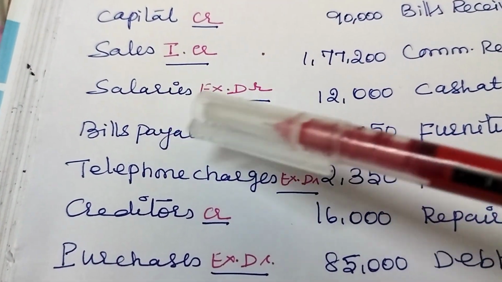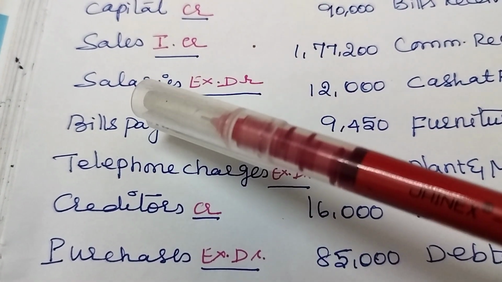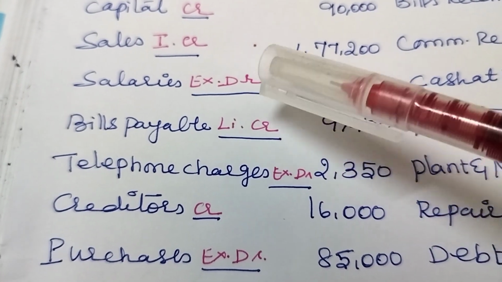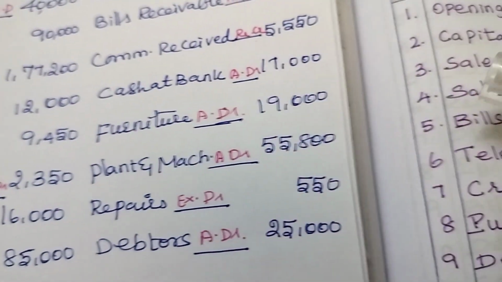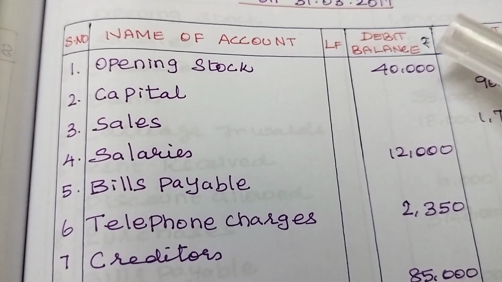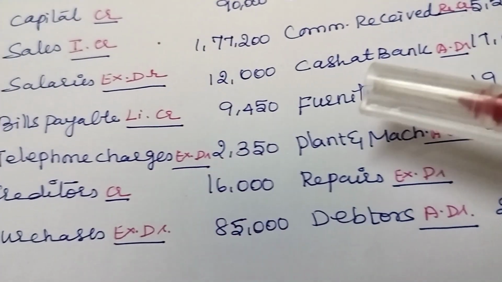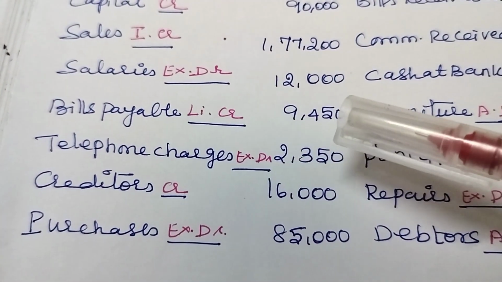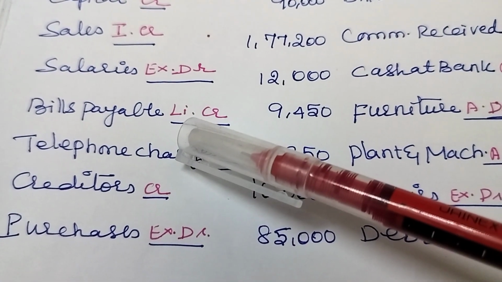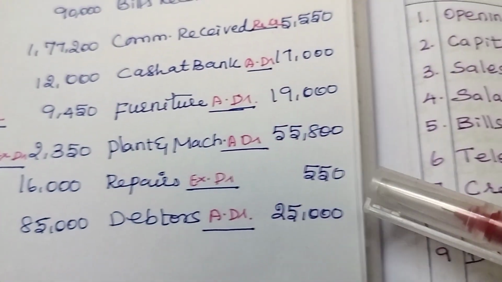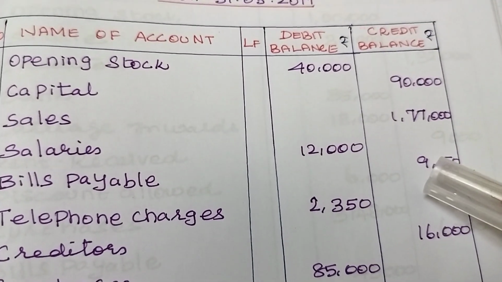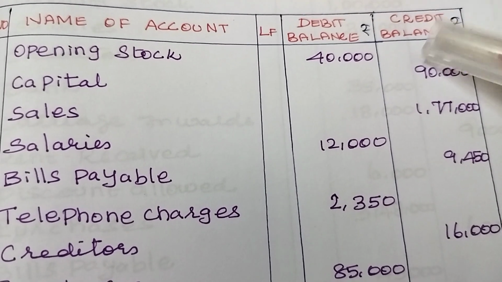Then salaries rupees 12,000. Paid salary is an expense. Whenever expenses increase, we debit the expenses account. So salaries rupees 12,000 is entered on debit balance. Then bills payable rupees 9,450. Bills payable is a liability. Liability will be credited. So bills payable rupees 9,450 is entered on credit balance.